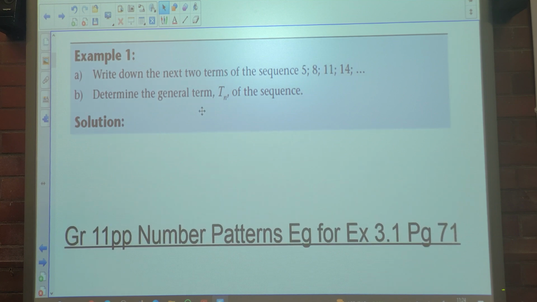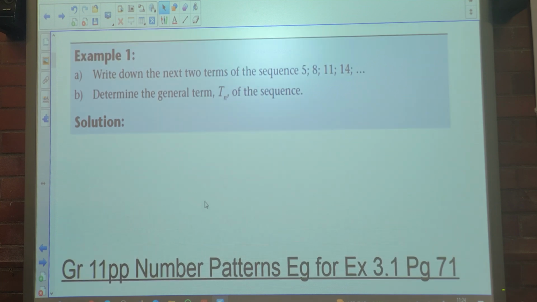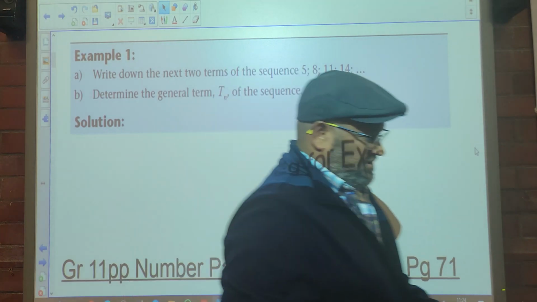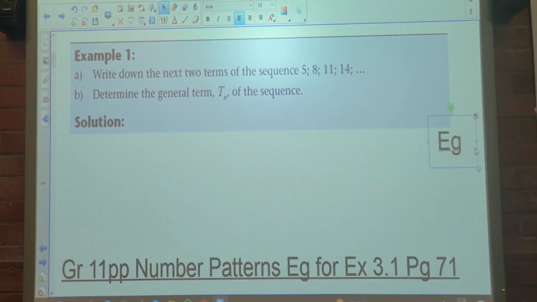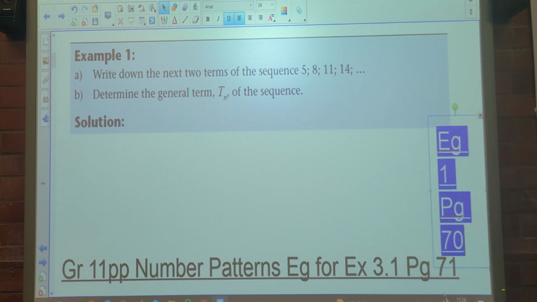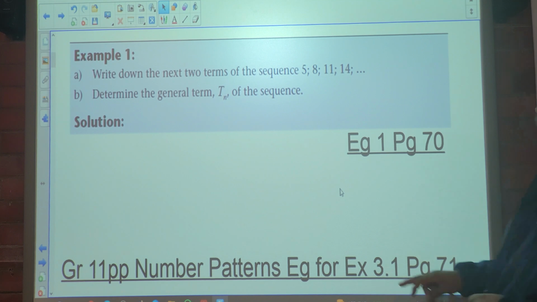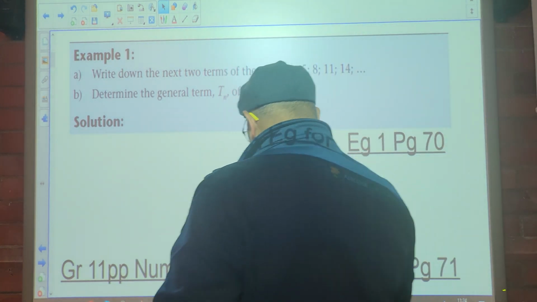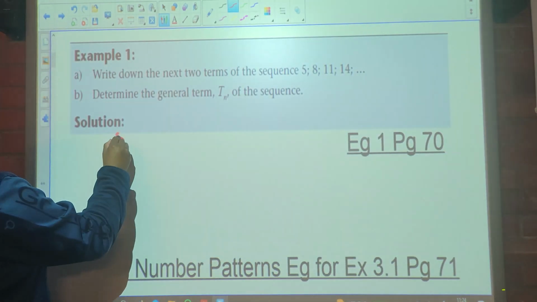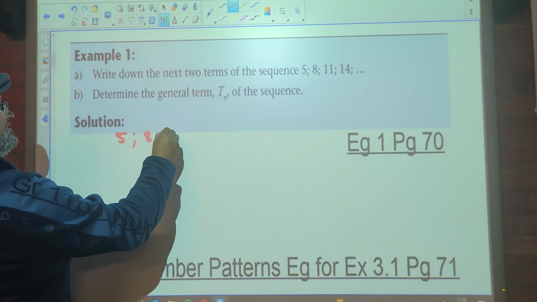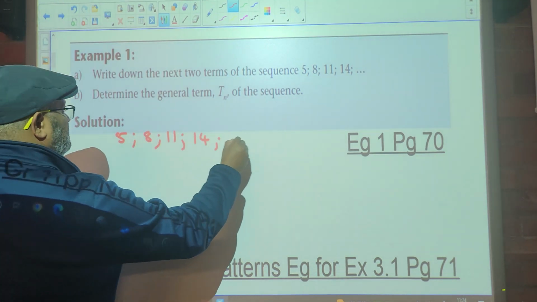I'm looking at example 1, which is on page 70. The question says write down the next two terms in the sequence. You've got 5, 8, 11, 14.